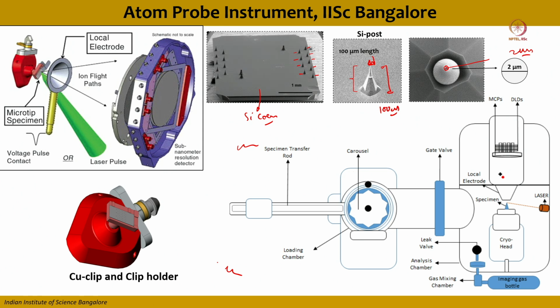I will cover these topics at a later stage. This silicon coupon is held on a copper clip, and this copper clip will be inserted into the chamber in front of the electrode. Fine. So this is how we usually put the sample inside the chamber.